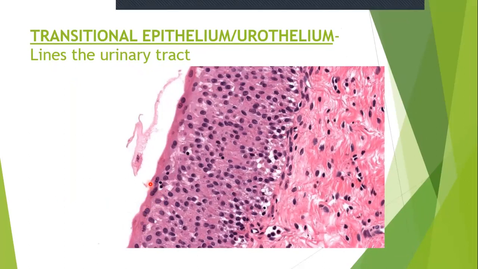And like this one, these are binucleated. These are the umbrella cells. They're binucleated and dome shaped. But you can see it is stratified. When you look at the cells at the surface, they are dome shaped. That is a transitional epithelium, or the urothelium.